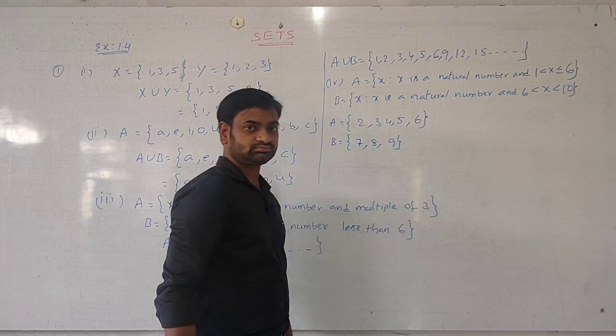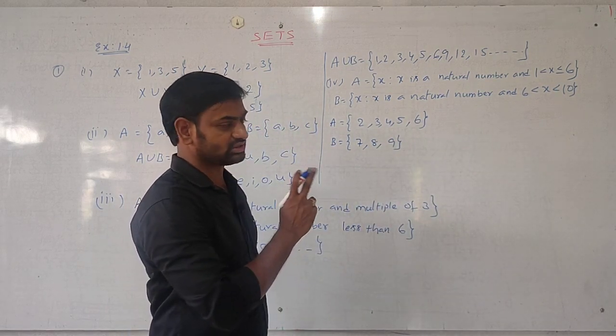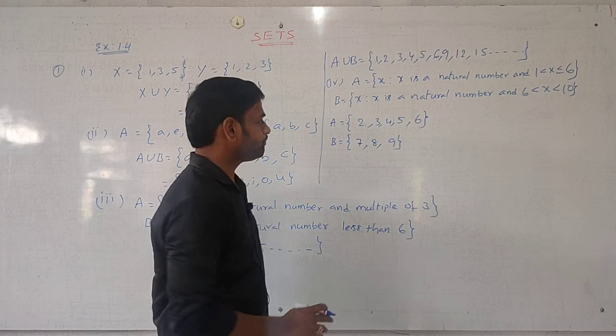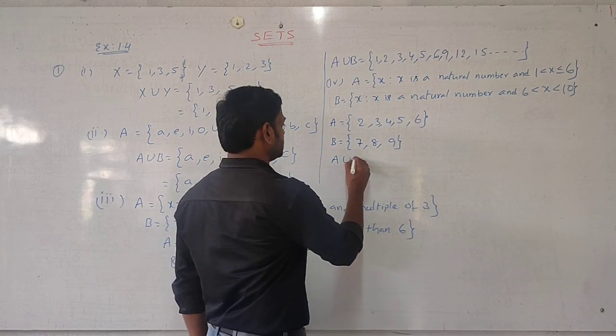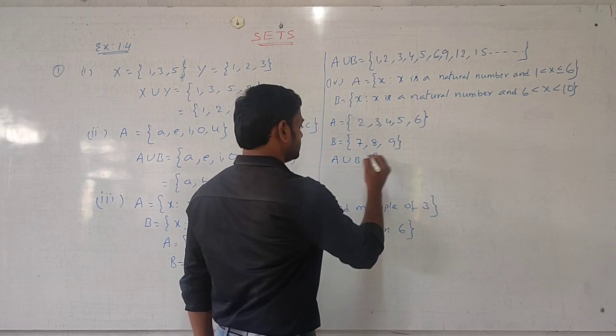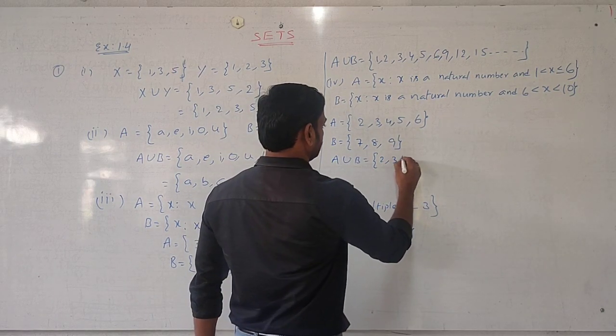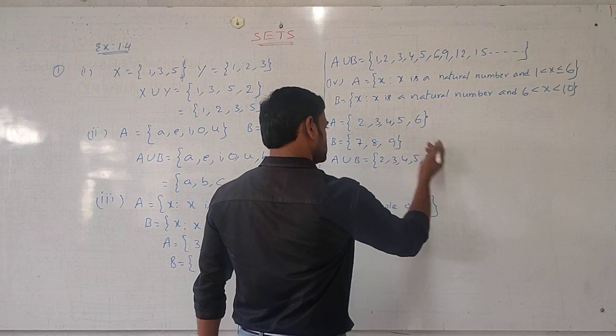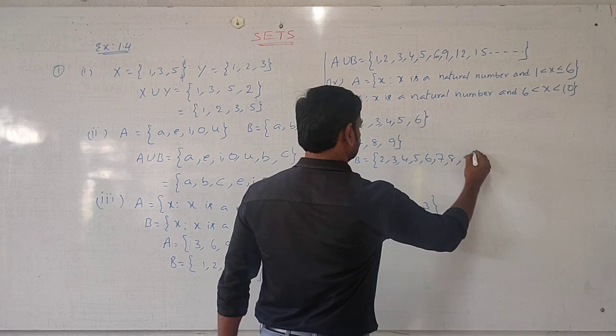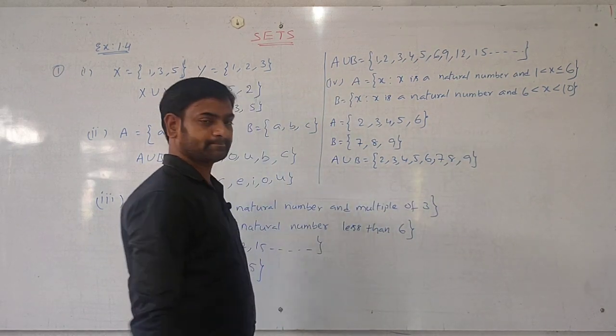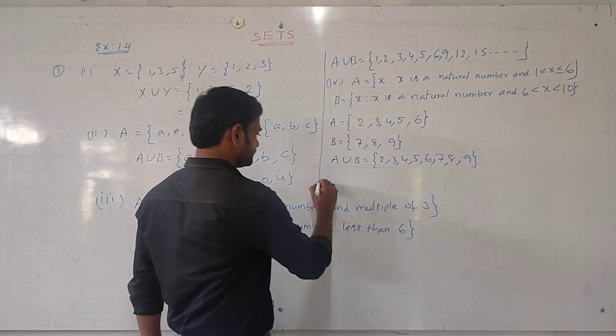That's it. Don't take 6 or 10, there is no equal symbol. Now what is A union B? That is, mix both the elements. 2, 3, 4, 5, 6, 7, 8, 9. That's it. Next.